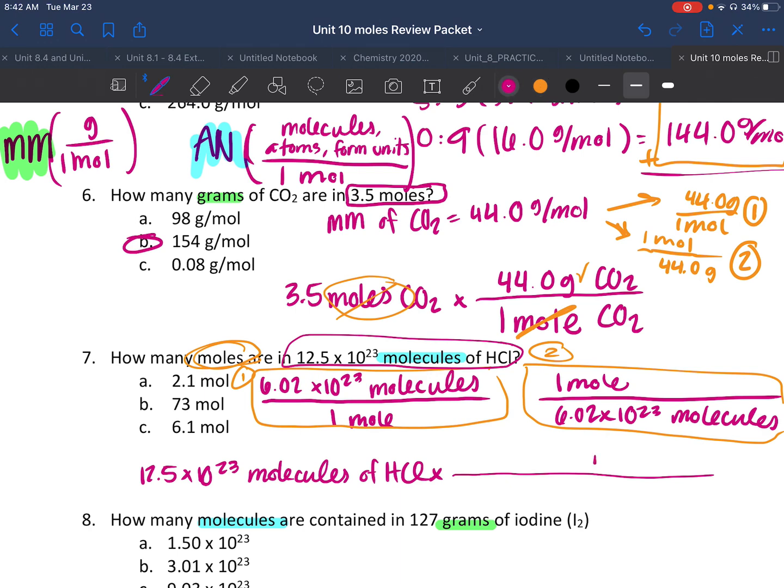We know that we want the unit of mole on top. Well, that matches option number 2 for using Avogadro's number. So we're going to put 1 mole, and remember, we're still working with HCl. And so in 1 mole of HCl, we have 6.02 times 10 to the 23rd molecules of HCl. If you calculate that out, you would get A as your answer.